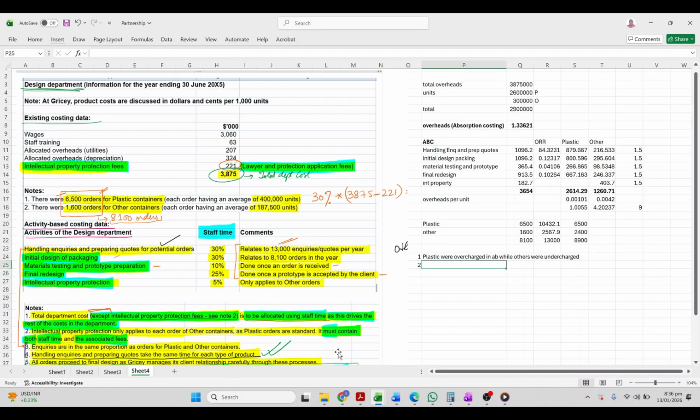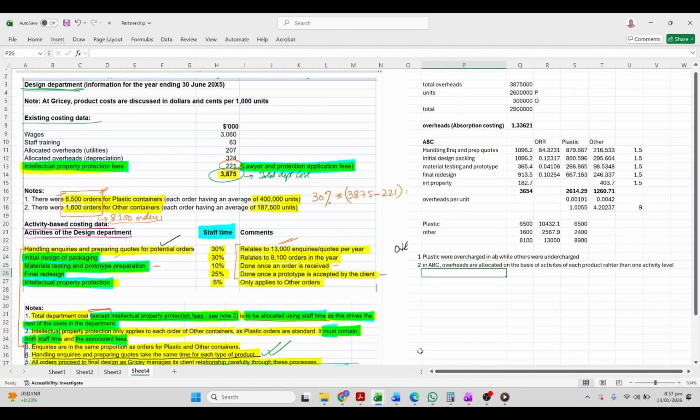Because in activity-based costing, overheads are allocated on the basis of activities of each product rather than one activity level, right? Or we can say there are multiple activity levels in ABC.